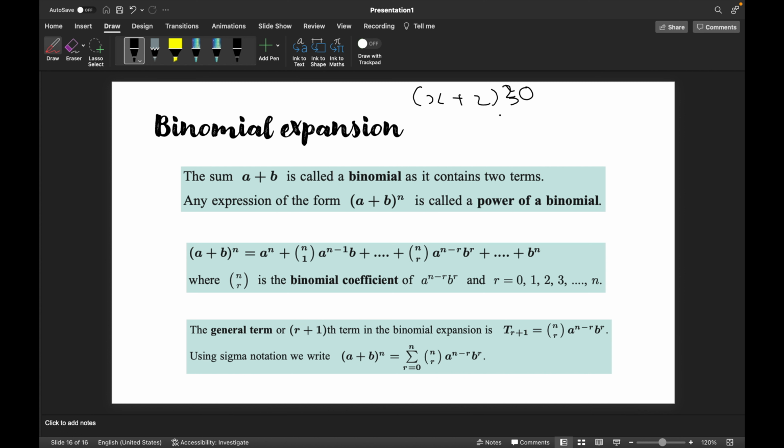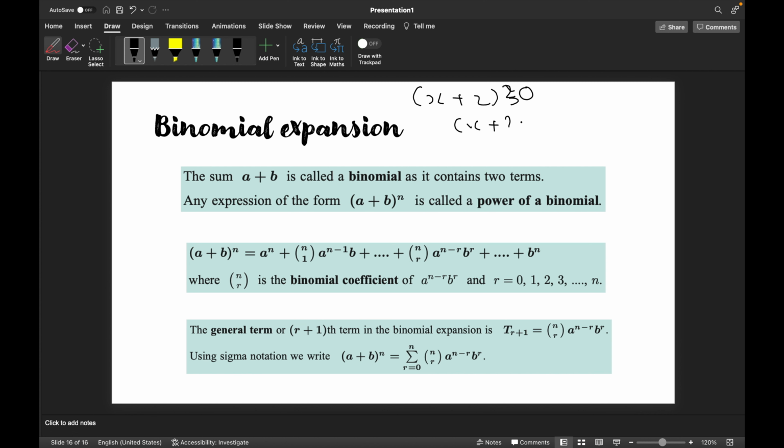Won't it be really tedious? And therefore, people have derived a formula to expand this without having to multiply every single term. And also, you'll get it in ascending or descending order, which is also very convenient. So you won't have to always add the like terms.